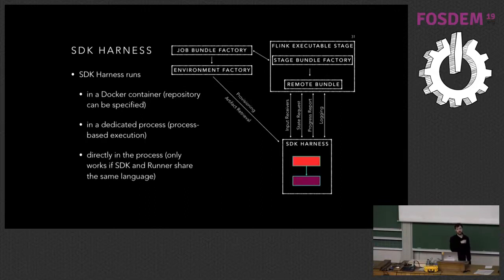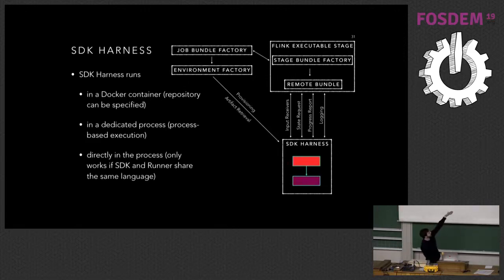That's a really easy way of deploying because you have an image registry and you just download that image automatically and start it. But some people don't want to use Docker, for various reasons. And so you can also start a process-based execution, but then you have to make sure you set up the environment manually. And it's also possible to run this embedded in case you're using Java.